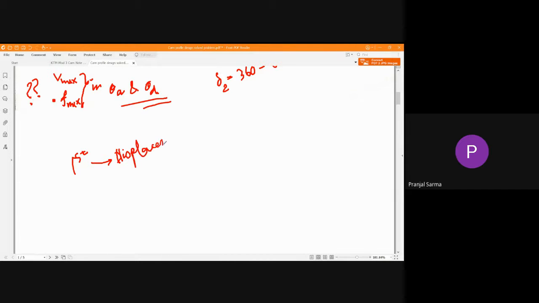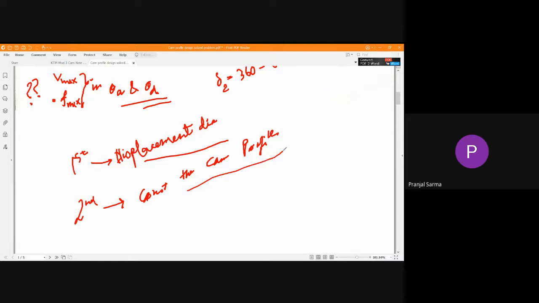The displacement diagram is important, for that particular case, considering whatever type of motion is given. Second step, construct the cam profile. These are the main things.